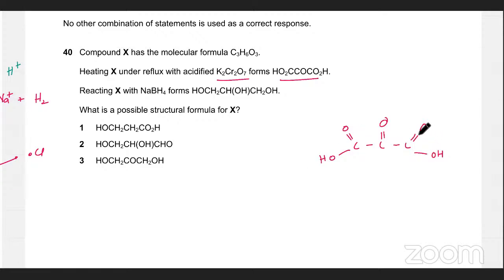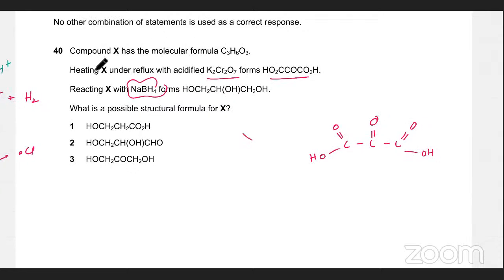So that's the structure. And he's saying that reacting X with NaBH4, that's a reducing agent. Reducing agents reverse the whole oxidation. Heating X under reflux, X gets oxidized to this thing.